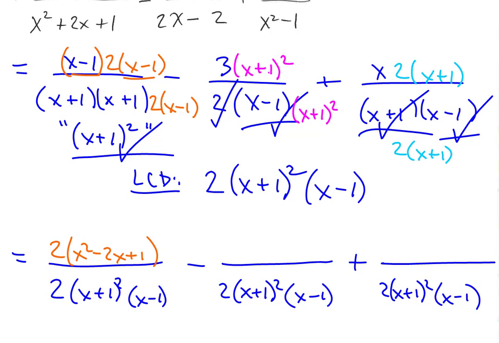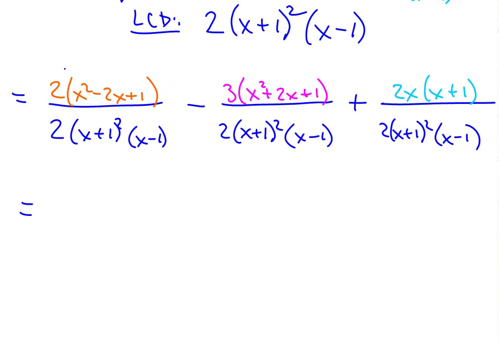Now we're multiplying by x plus 1 squared. Well, similarly, that would be a 3 times x squared plus 2x plus 1. And then the third fraction as well, it only had an x, but now we're multiplying by 2 and x plus 1. So now we have a 2x times an x plus 1.